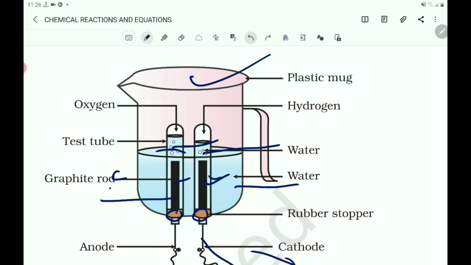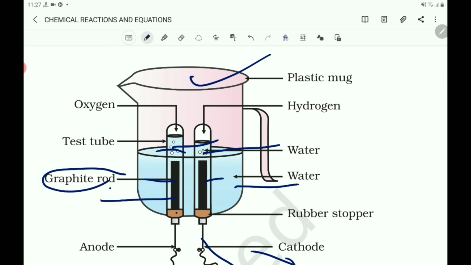Insert carbon electrodes, which are the graphite rods. Here these are the 2 graphite rods.